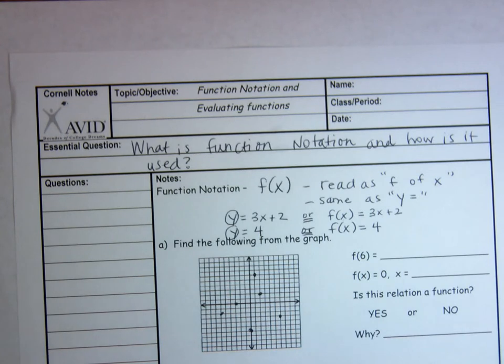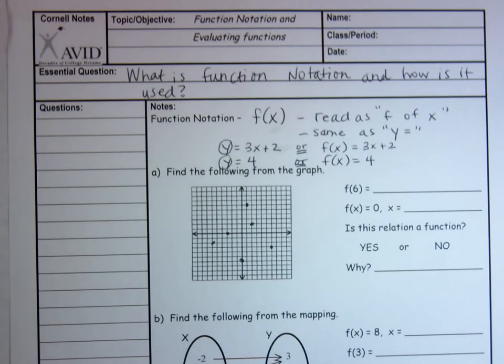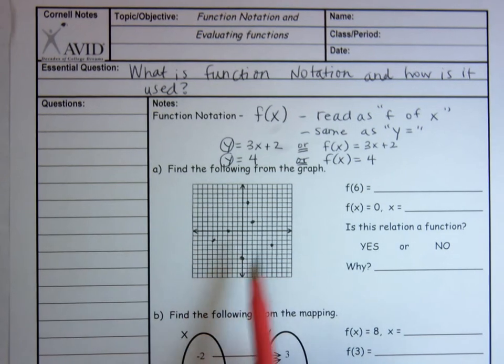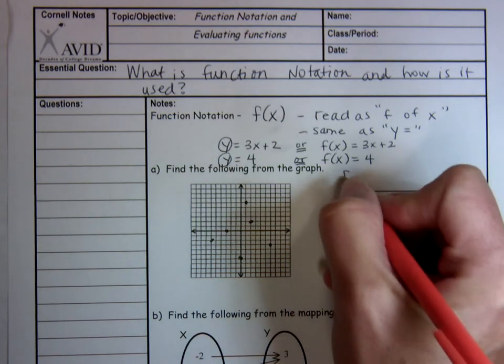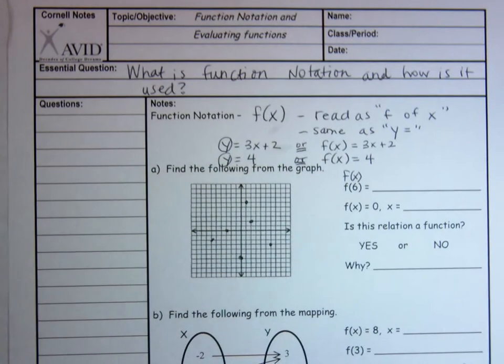So now, as we look at the first item here, it says find the following from the graph. And so you'll see a graph and there are lots of points here. And the first thing it says is f of 6. Well, remember that the 6 is in the parentheses. And the function notation is f of x, just like this.